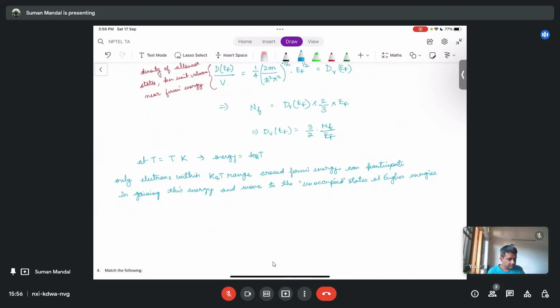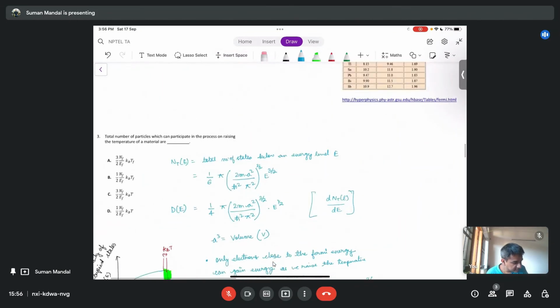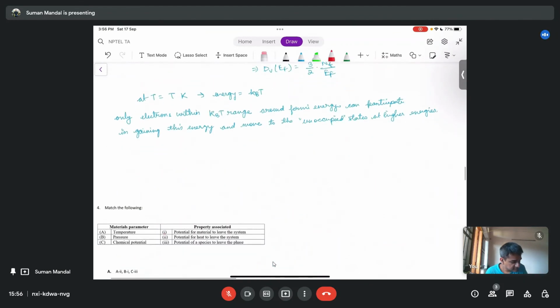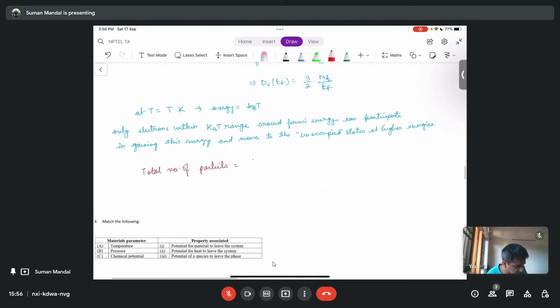So to find out the total number of particles, you can just say three by two NF by EF into kBT.